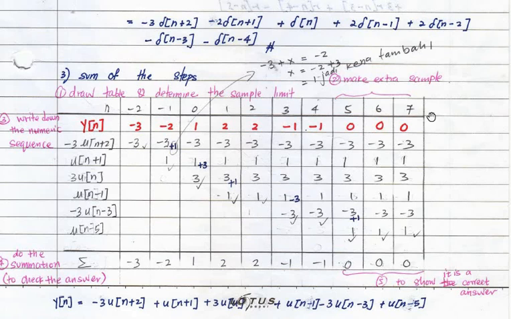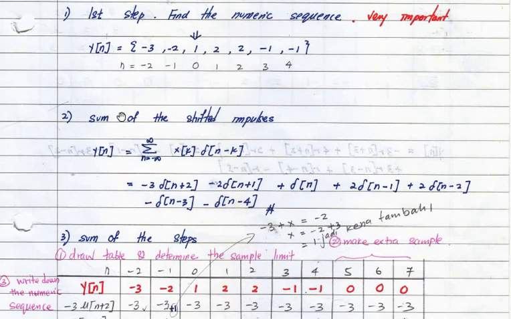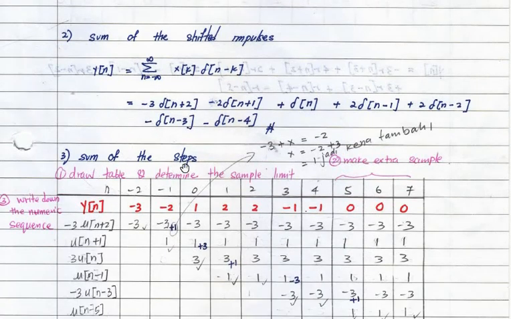The third step is to write down the numeric sequence. So what is your numeric sequence? Negative 3 delta n plus 2. Oh, sorry, this is question 1. We should refer to the sum of the step.